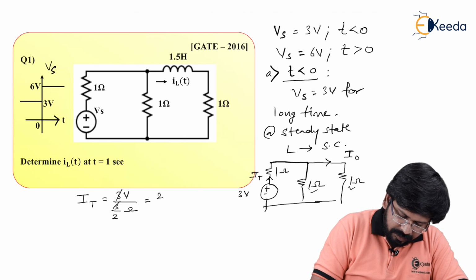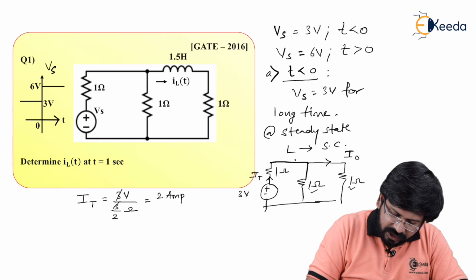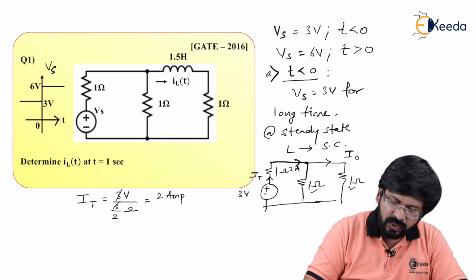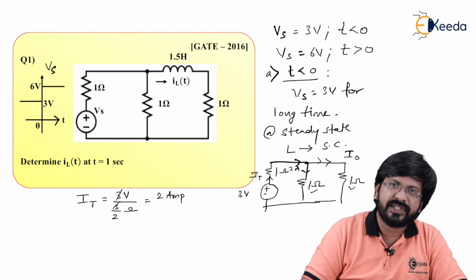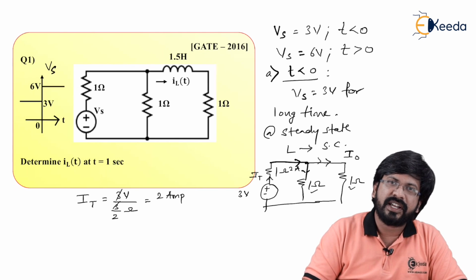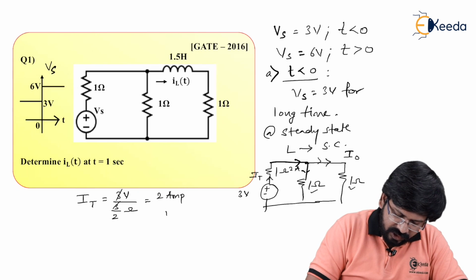So can I say it is 2 ampere? Meaning that the current coming at this node is 2 ampere. As you can see, the current is getting divided into 2 resistances and fortunately these 2 resistances are equal. So current will get divided equally, meaning that this I0 becomes half of 2 ampere, which is nothing but 1 ampere.